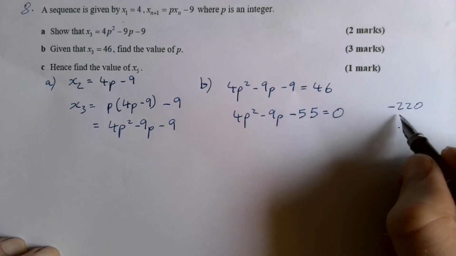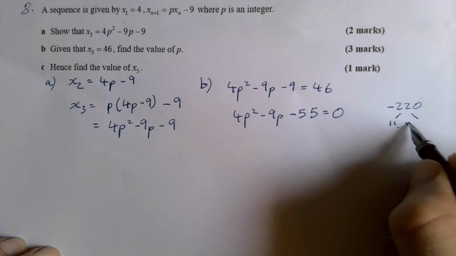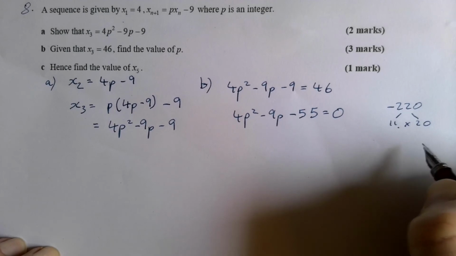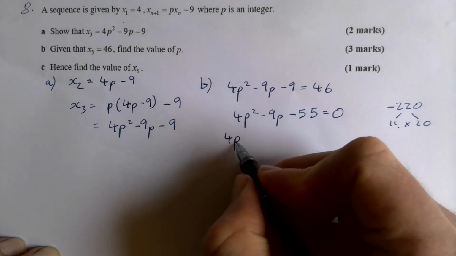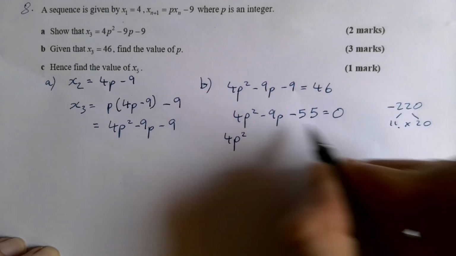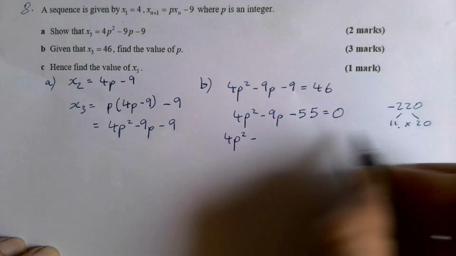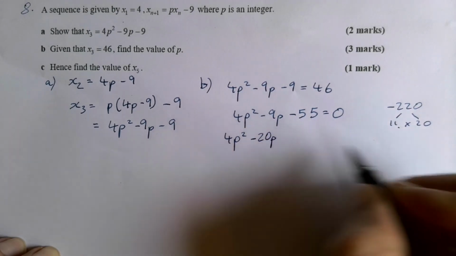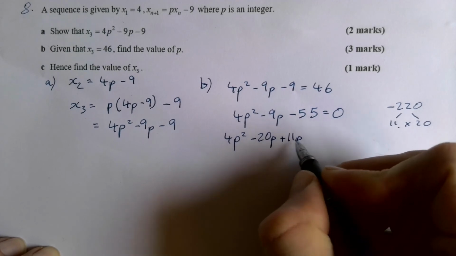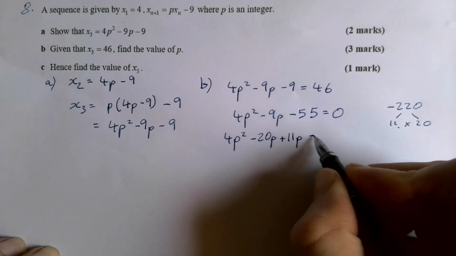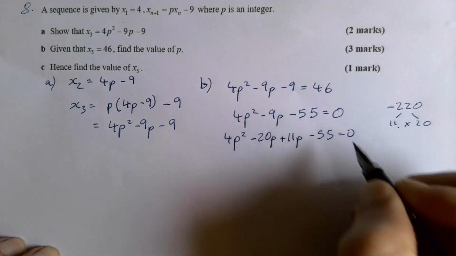So 11 times 20 makes 220, and the difference between those numbers is 9. So I'm then going to write 4p squared. I want negative, so I'm going to go for the bigger number being negative, plus 11p, because that makes my -9p take 55 equals 0.